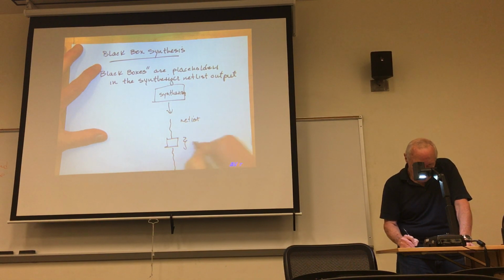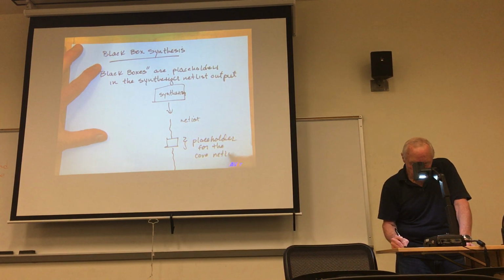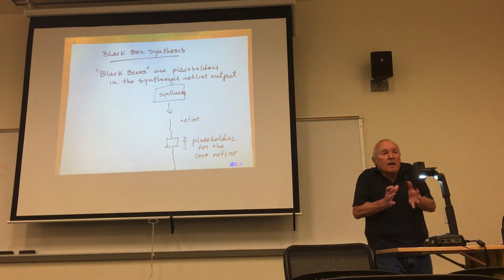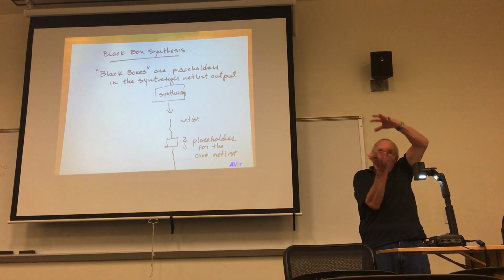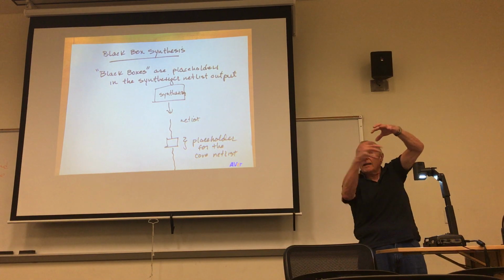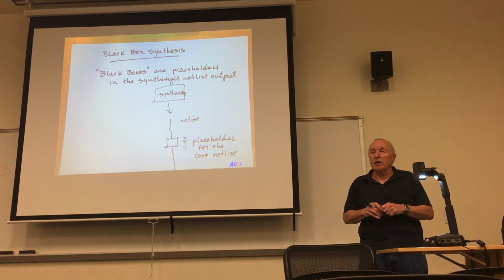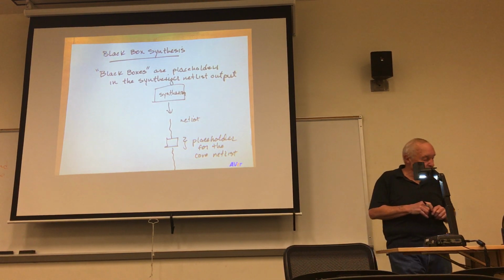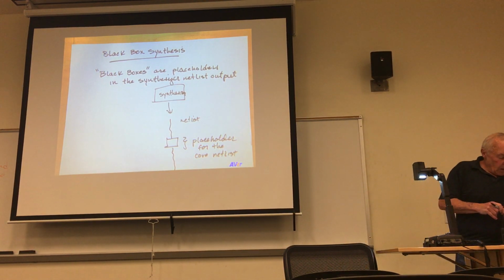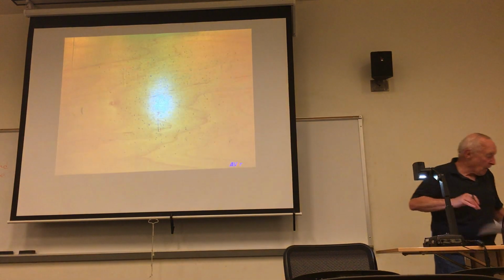And right here is a placeholder for the core netlist. All you've done is identify, okay, there's a space in here and that's gotta be inserted. Now place and route can have all the information it needs to actually do the implementation. Okay, so.